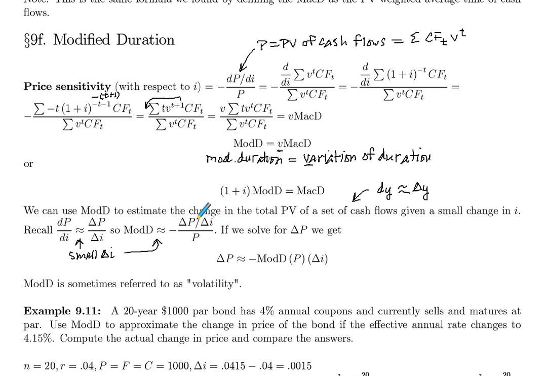So if we take this relationship and just solve it for delta P, multiply both sides by P, multiply both sides by -1, and then multiply both sides by delta i, then you'll get that the change in P is approximately equal to the negative of the modified duration times P times change in i, and again this is for small changes. And just to note, the negative sign is referring to the fact that P and i vary inversely.